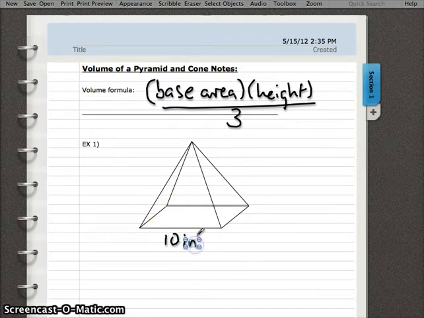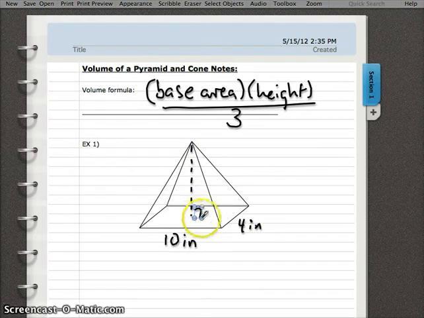In most cases, you're going to start off finding the volume of pretty basic pyramids. They'll give you all the dimensions that make it really nice and easy. Here's a height. It's perpendicular to our base. We'll call it 12 inches.